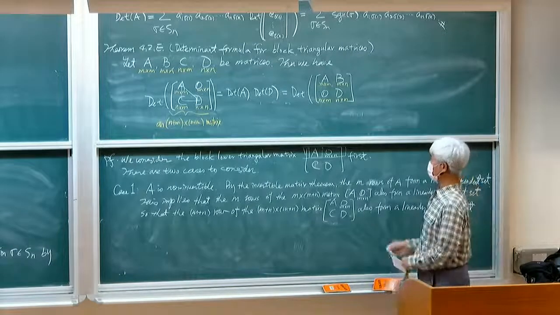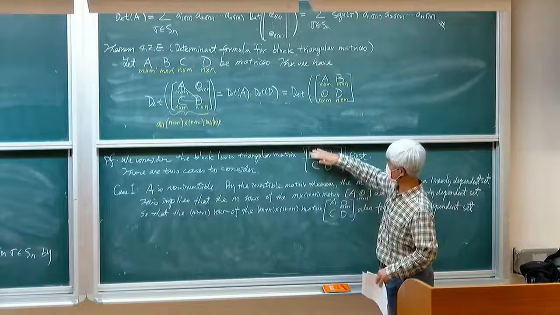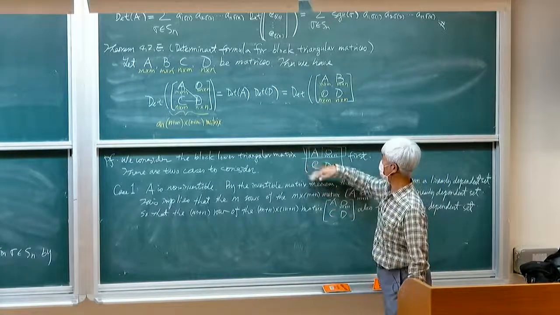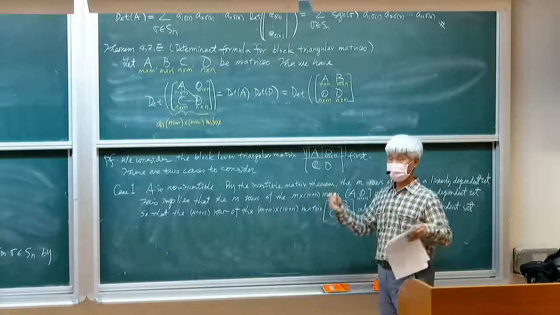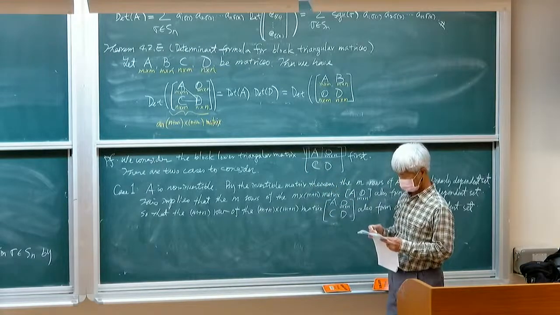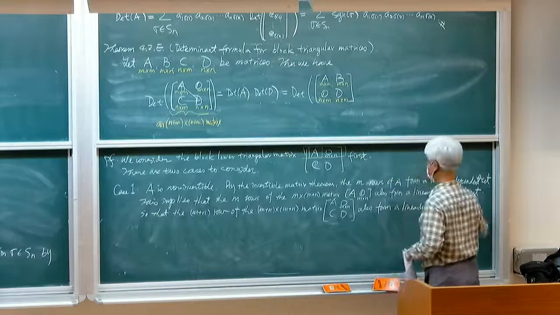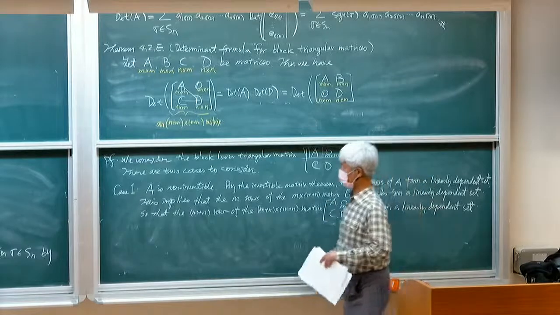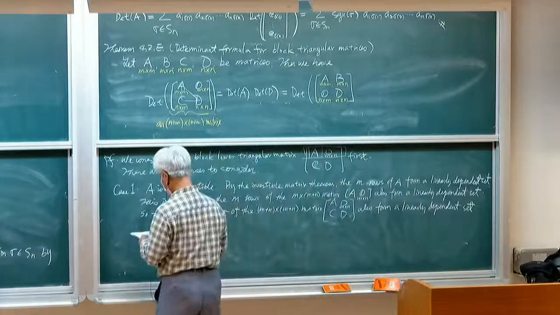Okay? Because a small number of rows is already linearly dependent, then when you add more rows, the bigger set is still linearly dependent. Okay, so now the m plus n rows of this big matrix form a linearly dependent set.